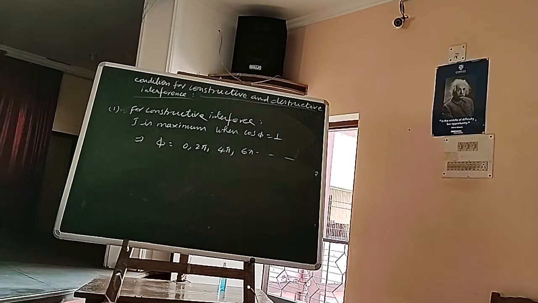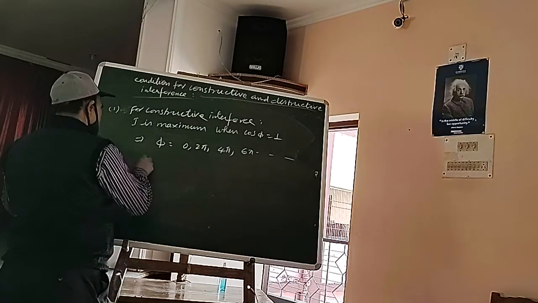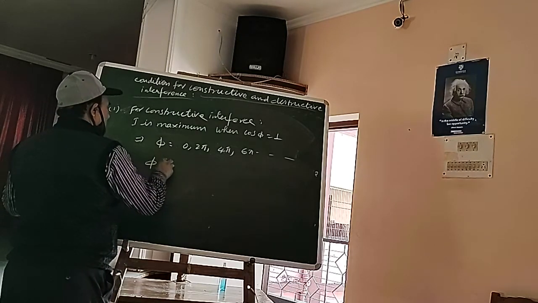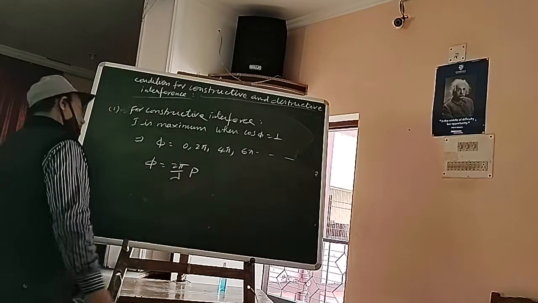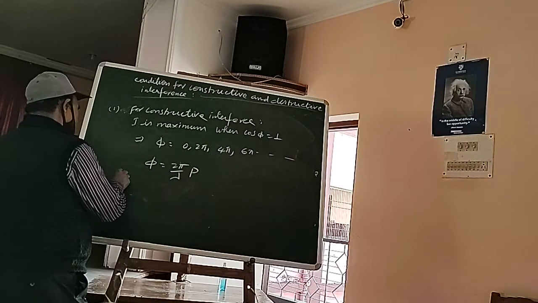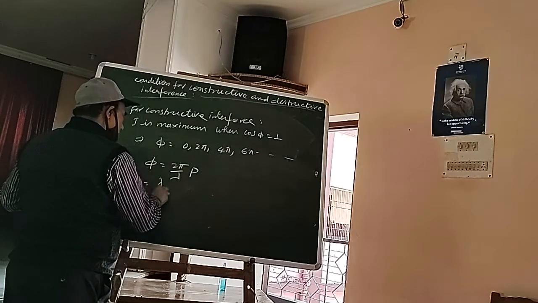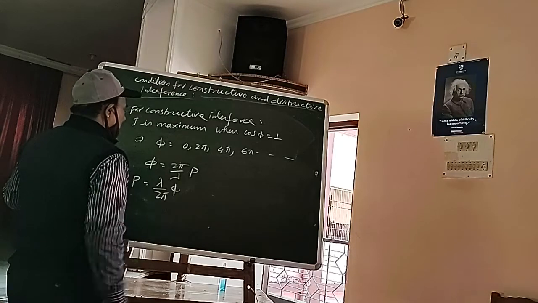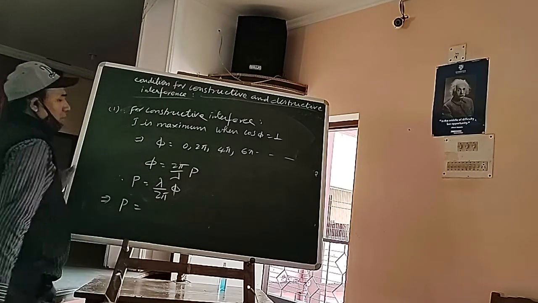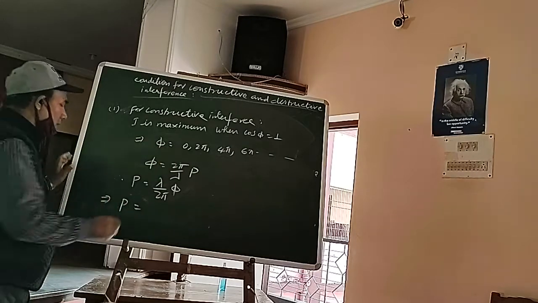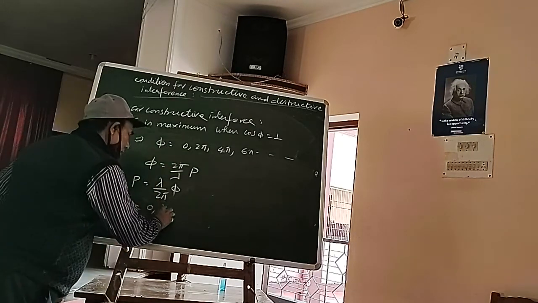And we know the relation between the phase difference and the path difference: phase difference phi is equal to 2 pi upon lambda into path difference. Therefore, path difference P is equal to lambda upon 2 pi into phi. When phi is 0, P is 0. When phi is 2 pi, it is lambda.